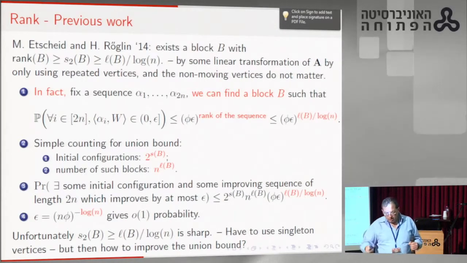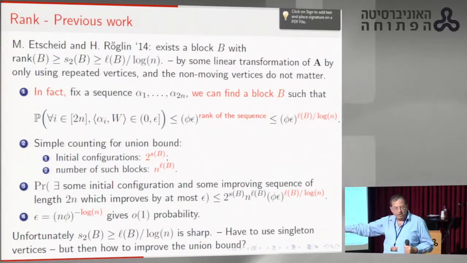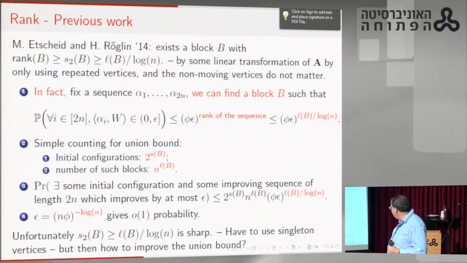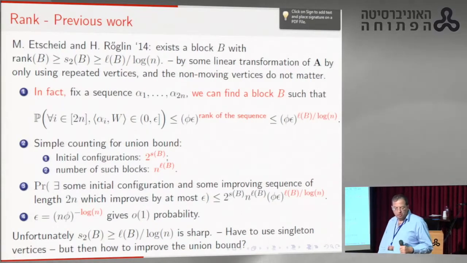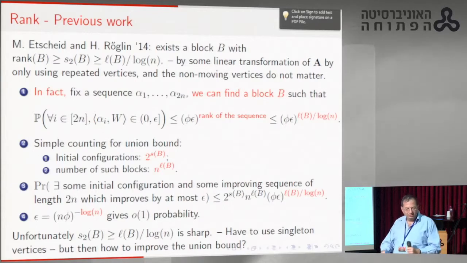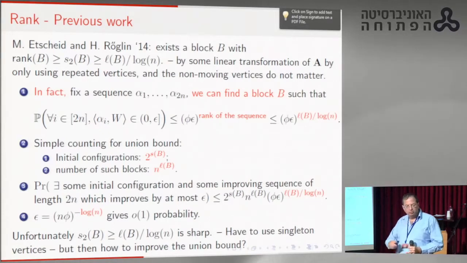So they could use these, and that log n loss translates in the end to the quasi-polynomial bound. To deal with this, they needed to make epsilon not 1 over poly, but 1 over n to the log n, and that's where they got the result. If you use this method with the vertices that move twice, that's as good as it gets.